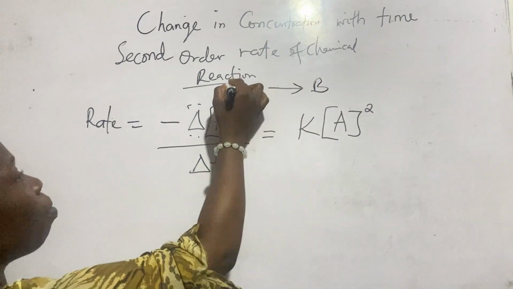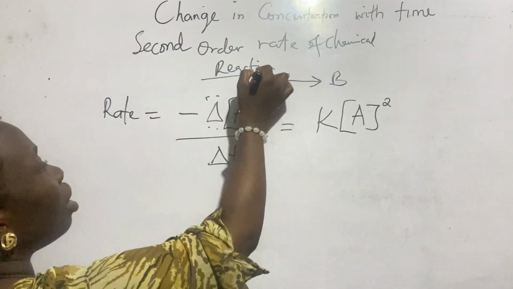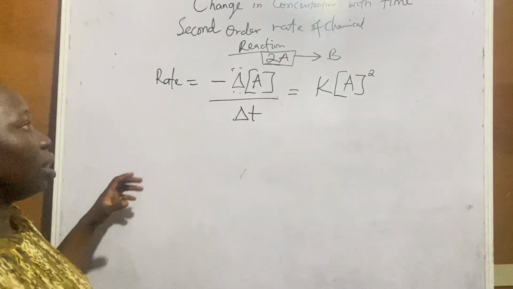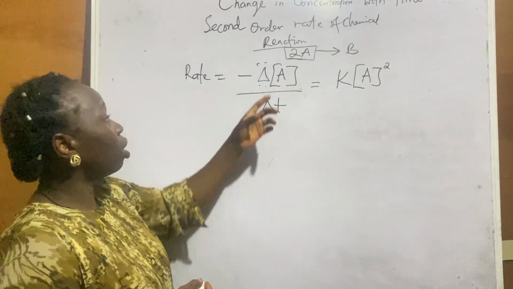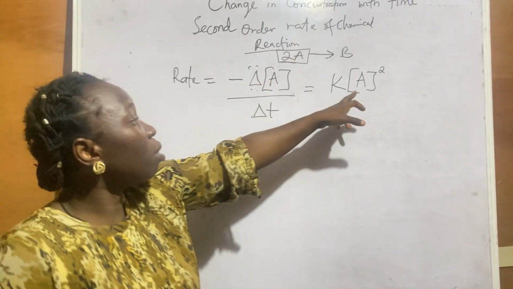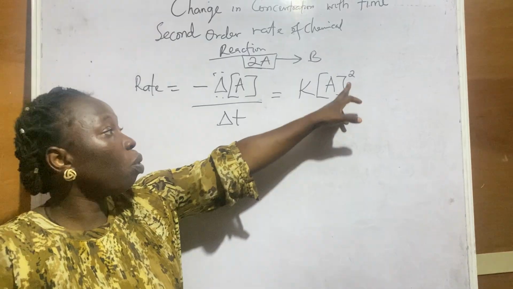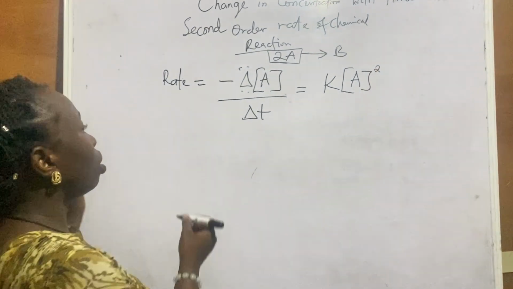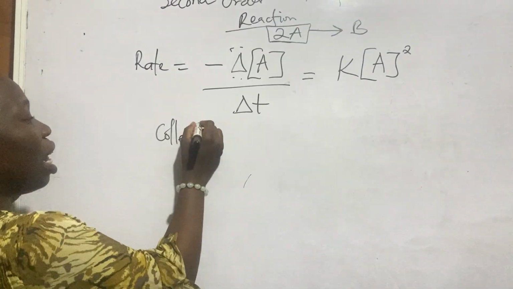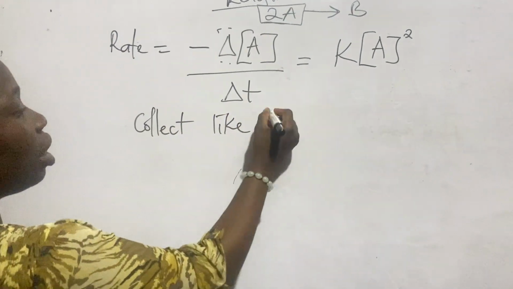B. Remember that we said it only depends on the concentration of the reactant. So because this A has a coefficient of 2, that means our raised to power will be what? 2.